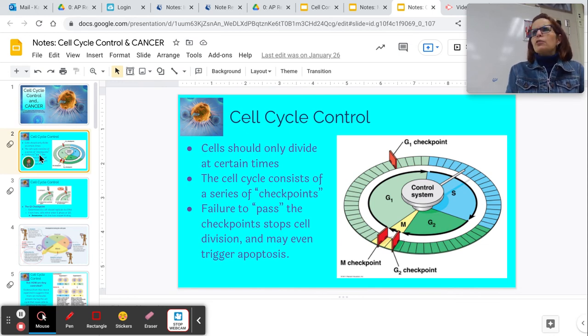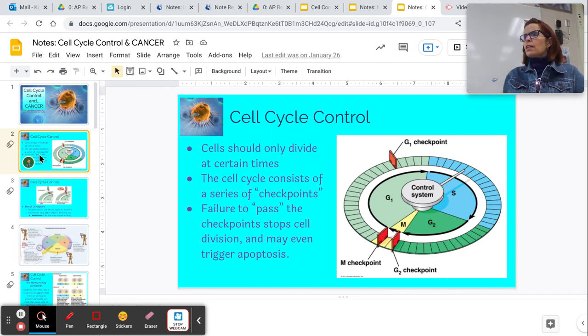Remember that we talked about the guardian angel gene. It's a tumor suppressor gene. And its job is to make sure that the cell is dividing correctly. And if it identifies anything that's not dividing correctly, then it stops the cell process, and it triggers fixing enzymes that come in and fix the DNA.